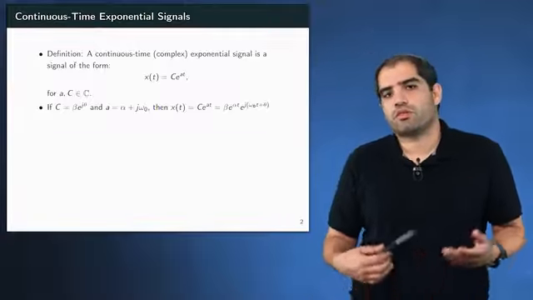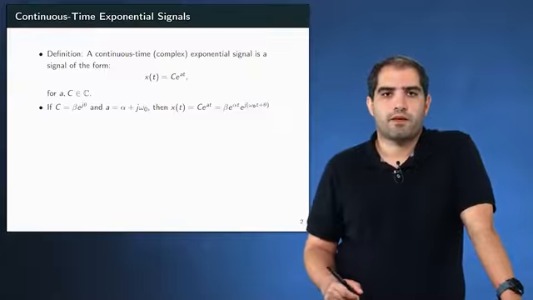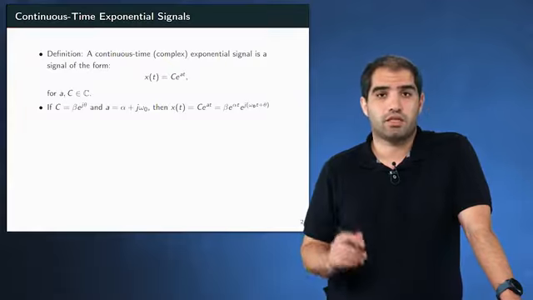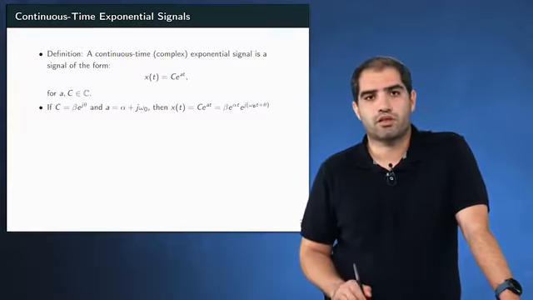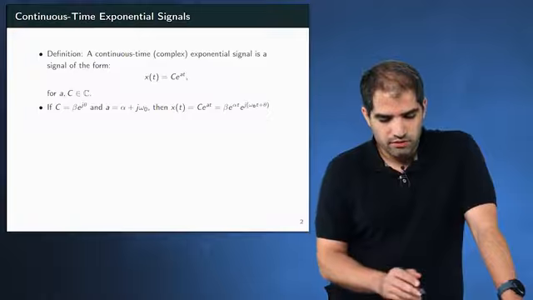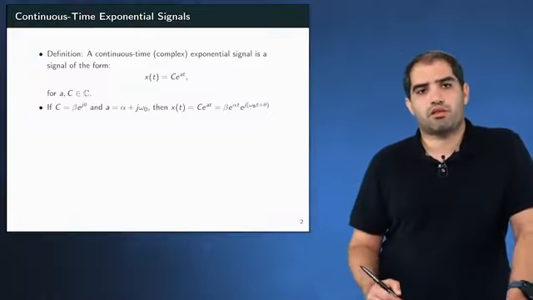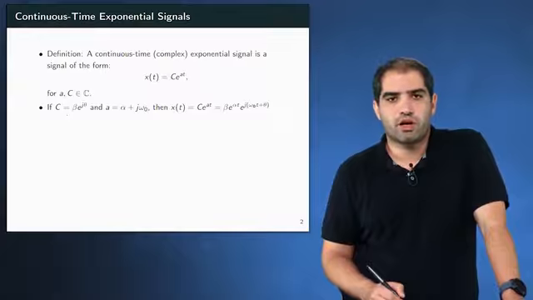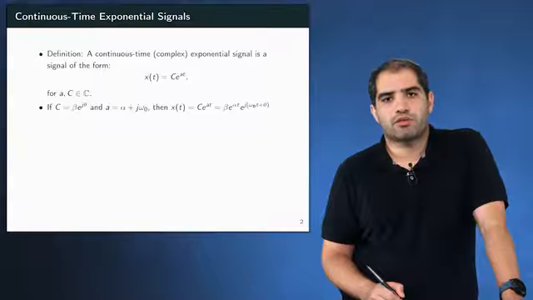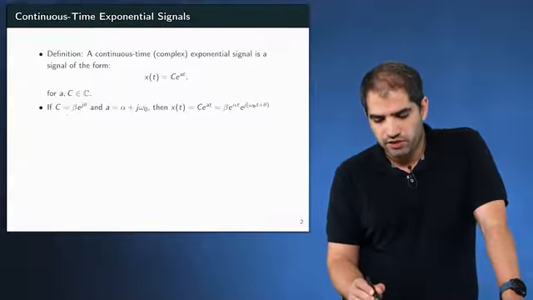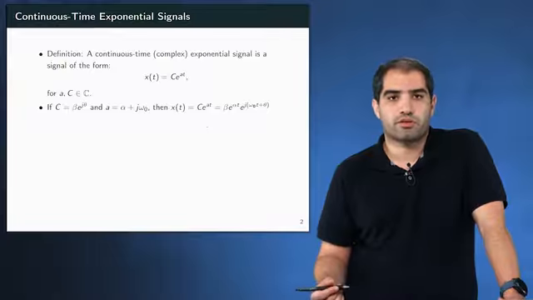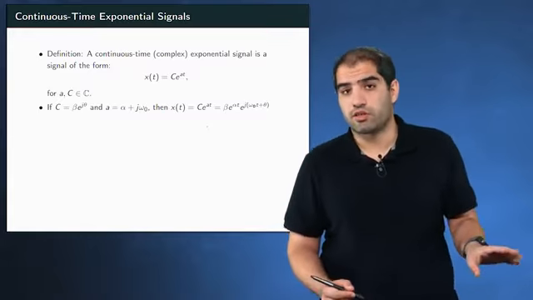Often in these cases, it is very useful to write c in polar coordinates and write the exponent in Cartesian coordinates. So if we write c equals beta times e to the j theta, and the exponent a to be alpha plus j omega naught, then x(t) becomes beta e to the alpha t times e to the j (omega naught t plus theta), where now alpha and beta are both real values, and beta is actually positive.